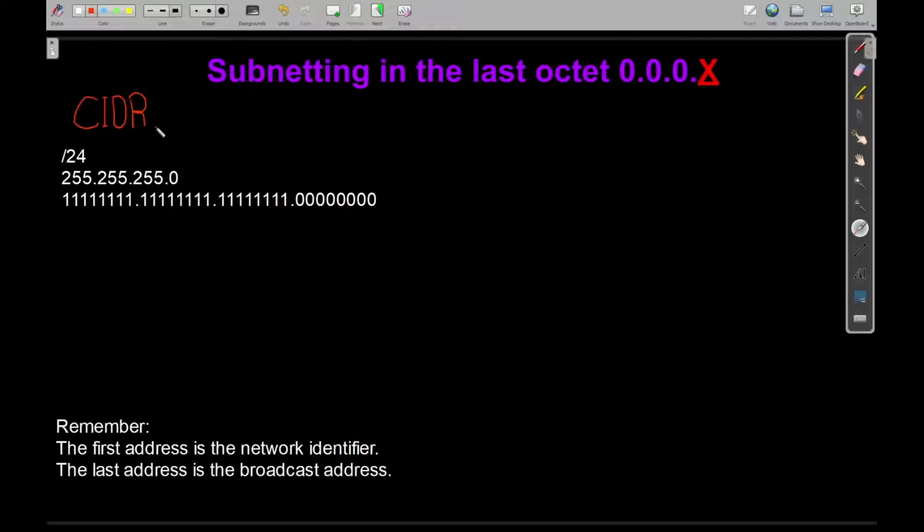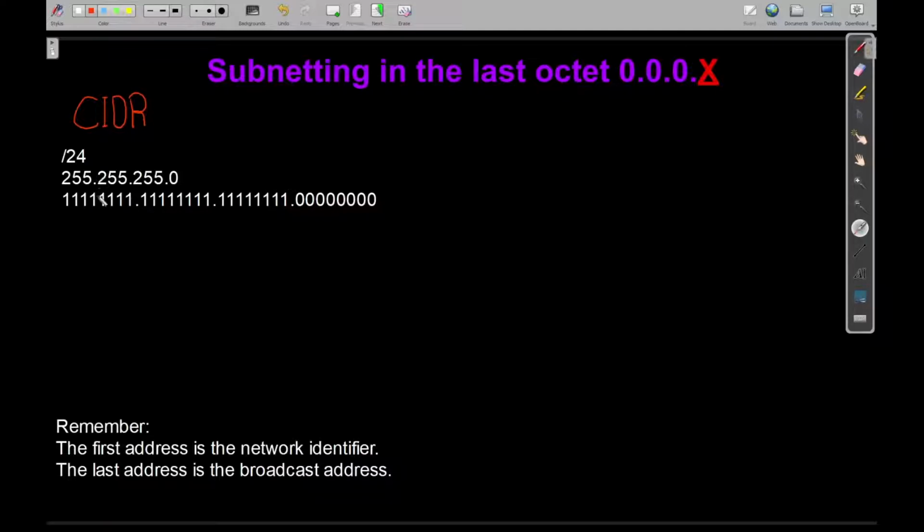In the previous videos, we talked about how we use classless interdomain routing and how the subnet mask is what defines our network, rather than using a class to define the network.